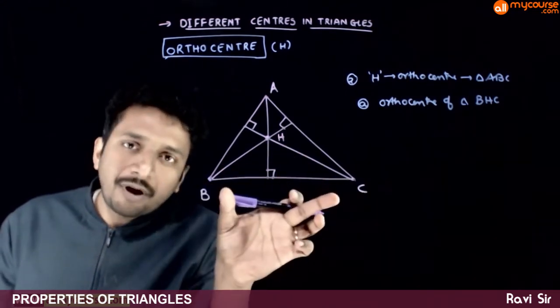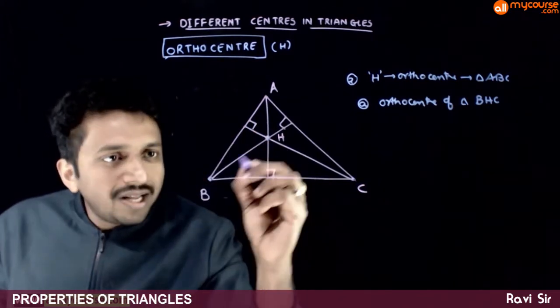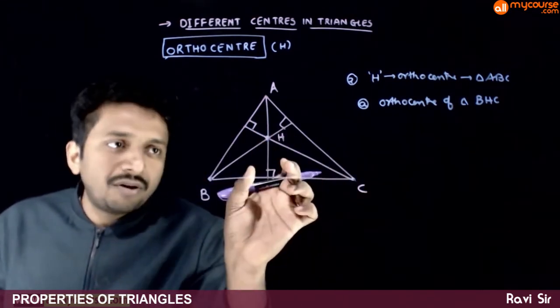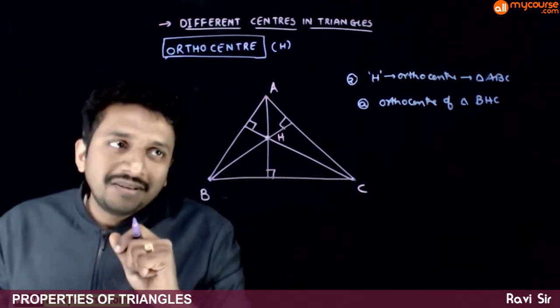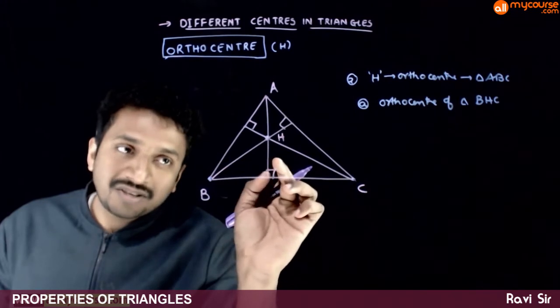It is the triangle formed by two vertices of the original triangle and the orthocenter. So how do we get the orthocenter of this triangle? You need to draw the altitudes of this triangle.